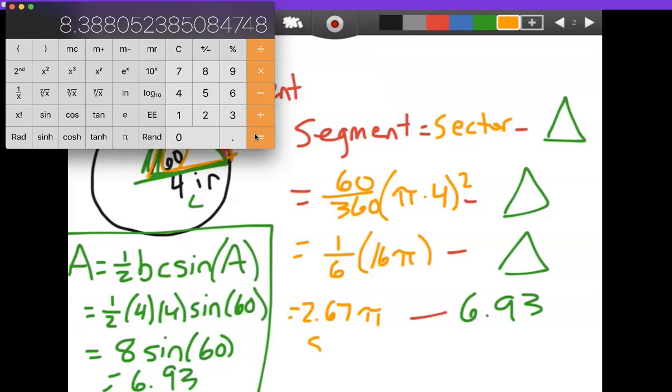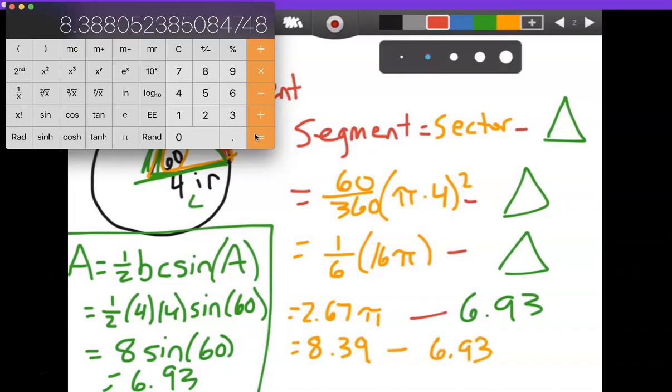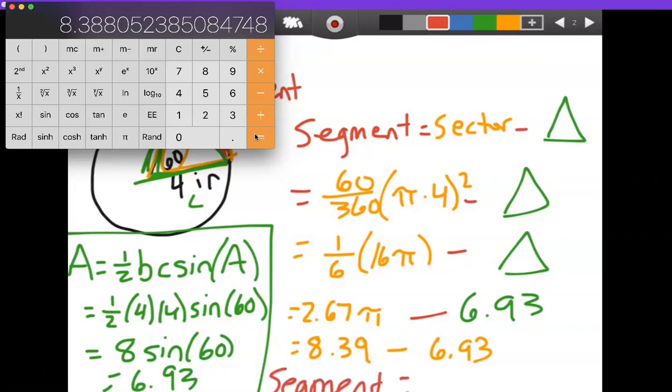So this piece is, oops, I'm sorry, bad rounding, 8.39 minus 6.93 is the area of the segment. So we have 8.388, I'll keep it like that for now, minus 6.93, and we get about 1.46.